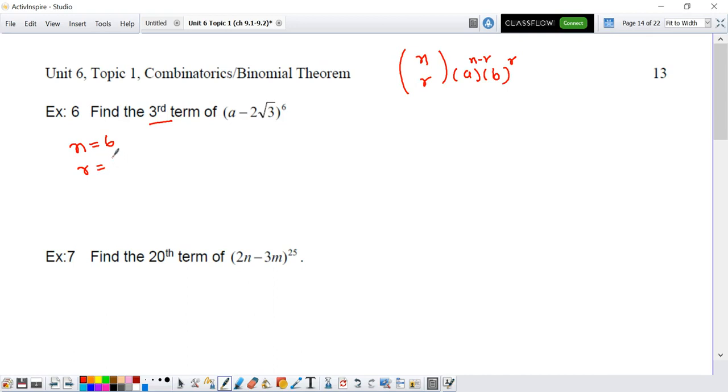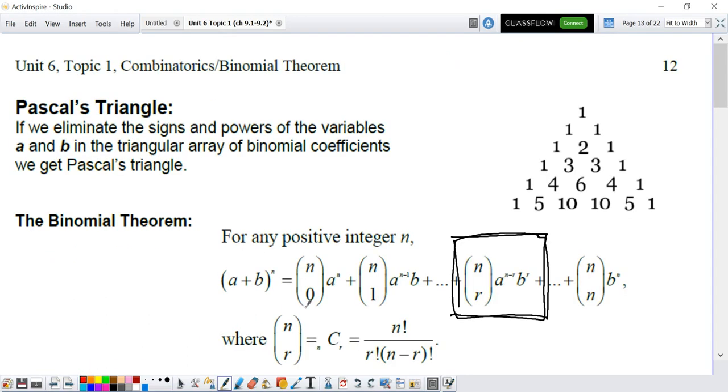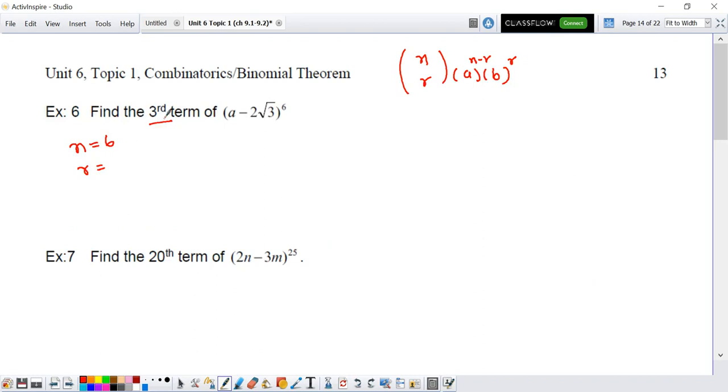For that, I would like to point out that you always start from 0. Note that always. Even in Pascal's triangle, the first is always the 0 power. So if you start with 0, what will be the value of r for the third term?